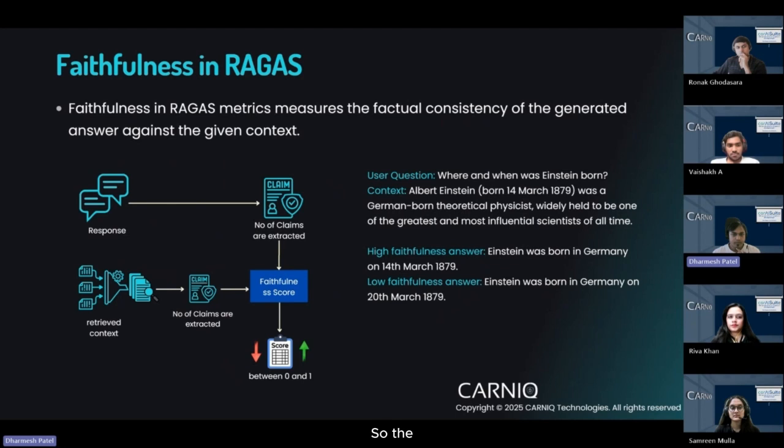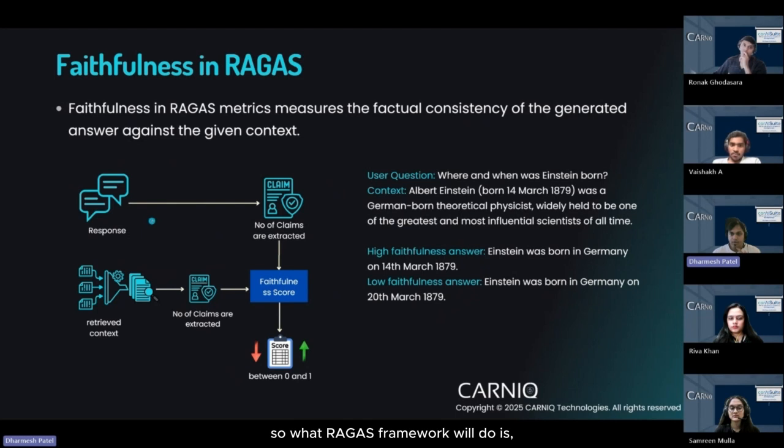Faithfulness is our primary weapon against hallucination. It measures the factual consistency, basically: did the AI stay faithful to the documents we gave it? You can see in the image, this is the LLM-generated response.